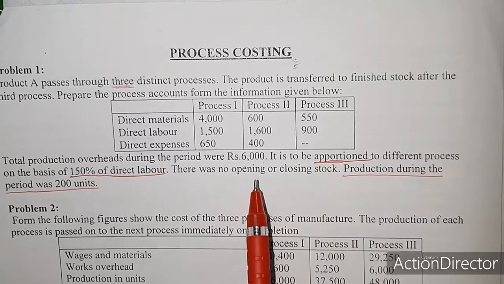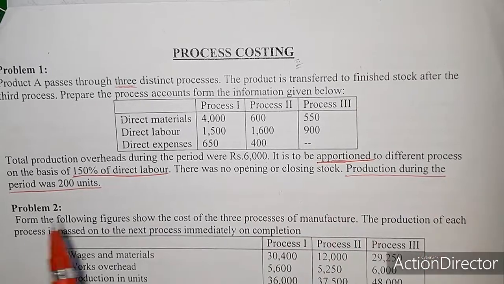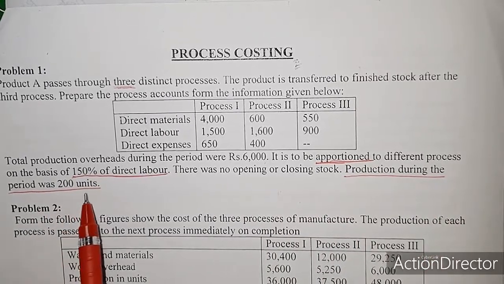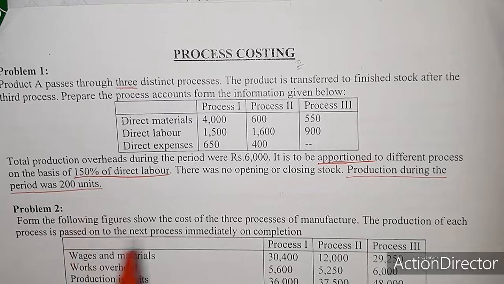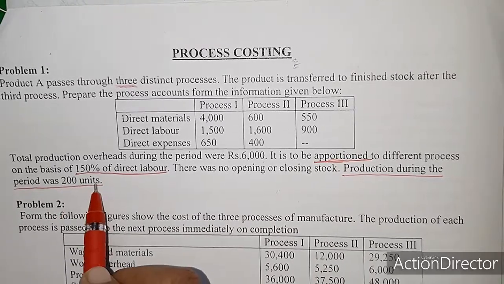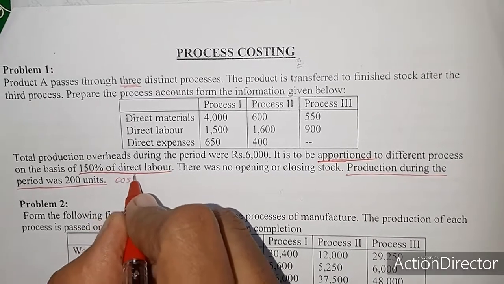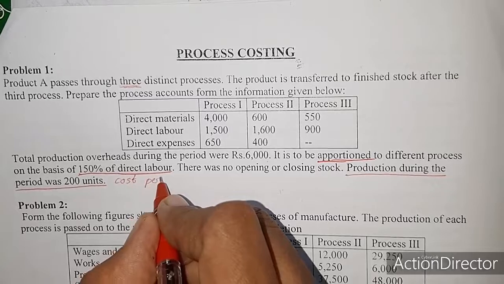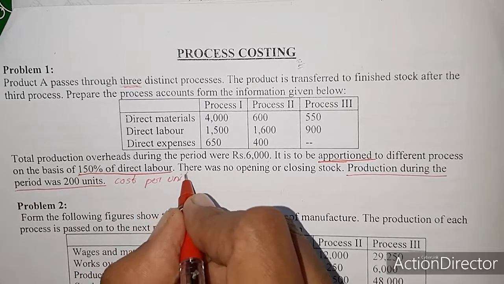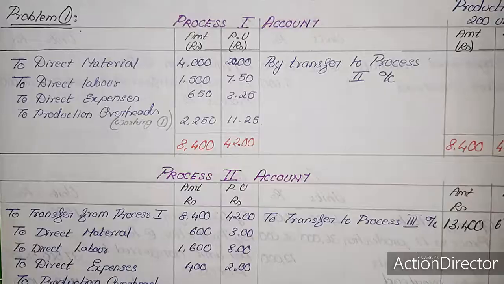This denotes that the sum doesn't have any opening or closing stock. Production during the period was 200 units. When they have given you the production in units, you have to find out the cost per unit for all your expenses. So this is the first sum.